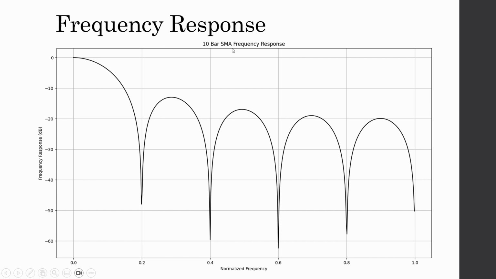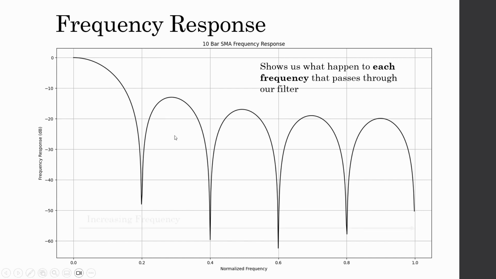So for a 10 bar SMA, this is our frequency response. Now we've got our frequency response on the y-axis, and this is in decibels, or power again. And we've got our frequency on the bottom. It shows us what happens to each frequency that passes through our filter. So for an arbitrary price signal, this shows us what's going to happen to each of the frequency components in that signal.